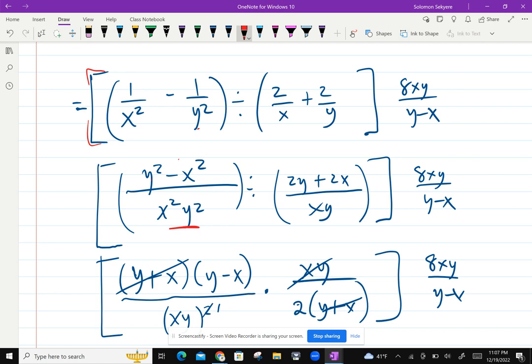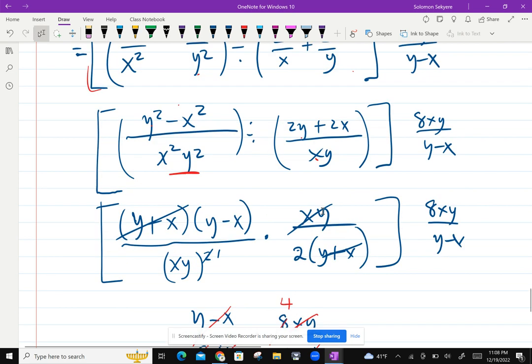And then here, LCM is x times y, right? And then you divide, multiply by 2, you get 2y plus 2x. Are you with me? Okay, difference of 2 squares. Y squared minus x squared is y plus x times y minus x. Keep, flip, change. So xy goes on the top. 2y plus 2x is 2 parentheses y plus x. So guess what happens?